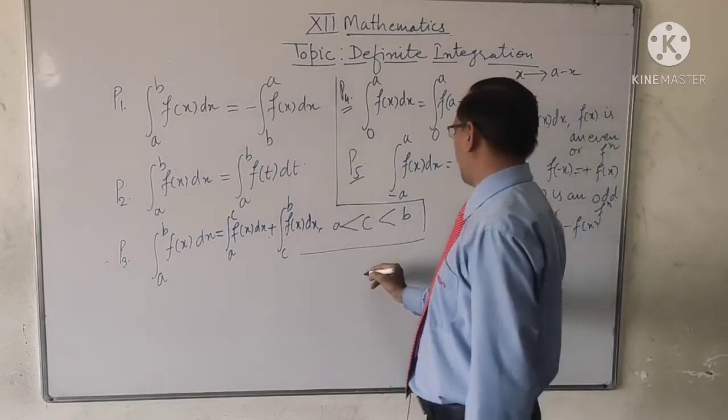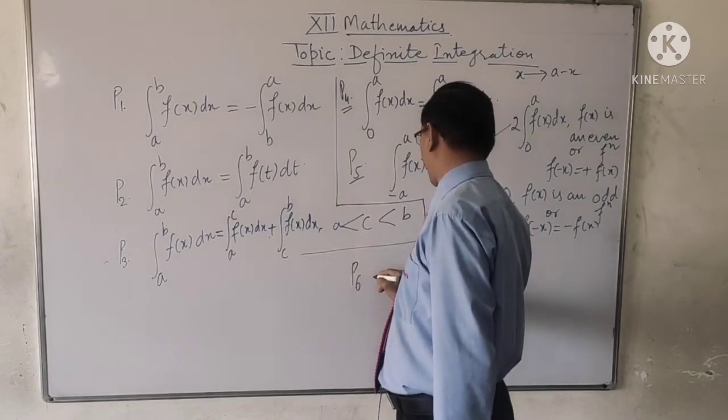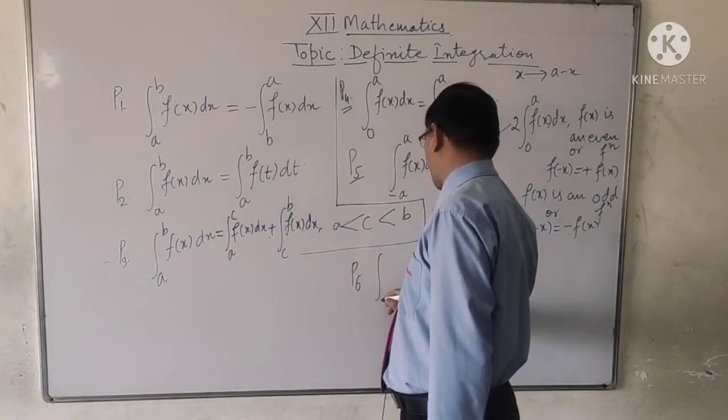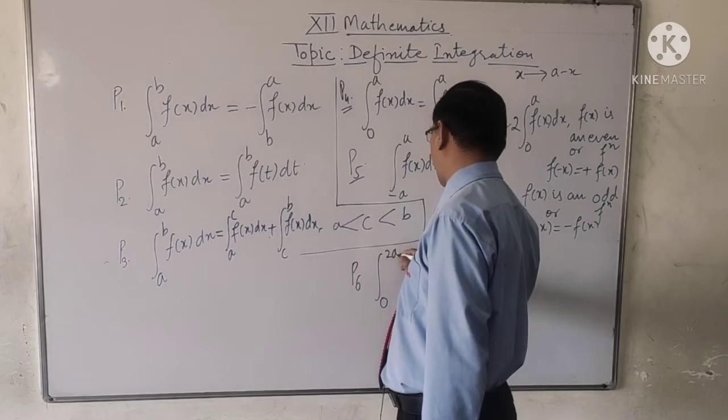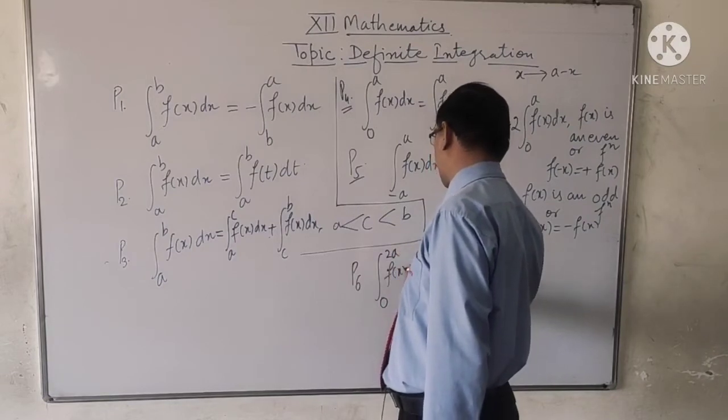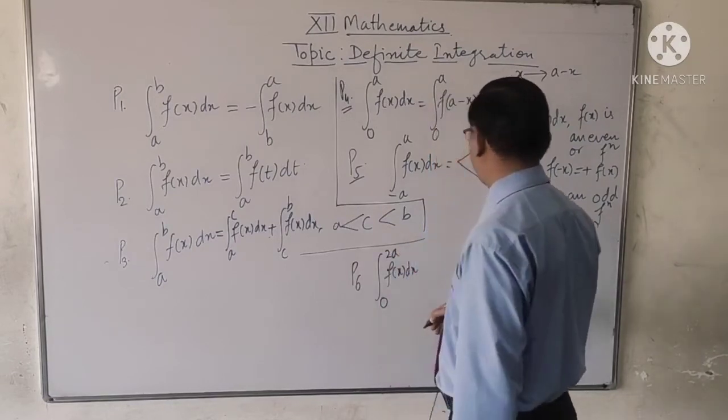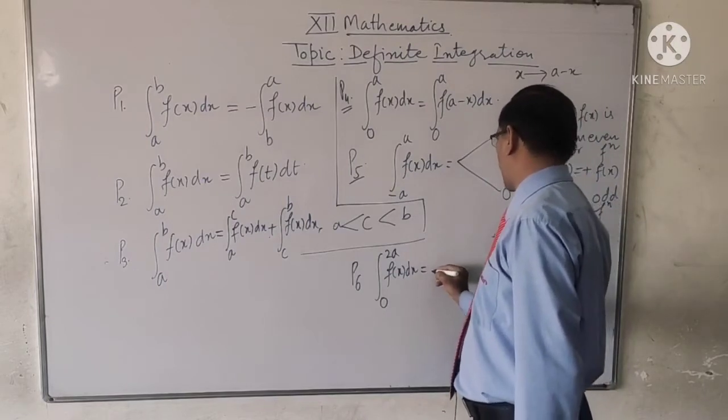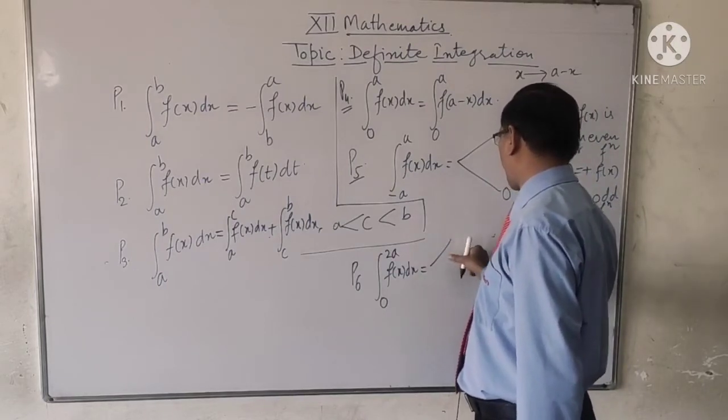Then property 6. It is the integral from 0 to 2a of f(x) dx. Its result is similar to the result of the fifth property.